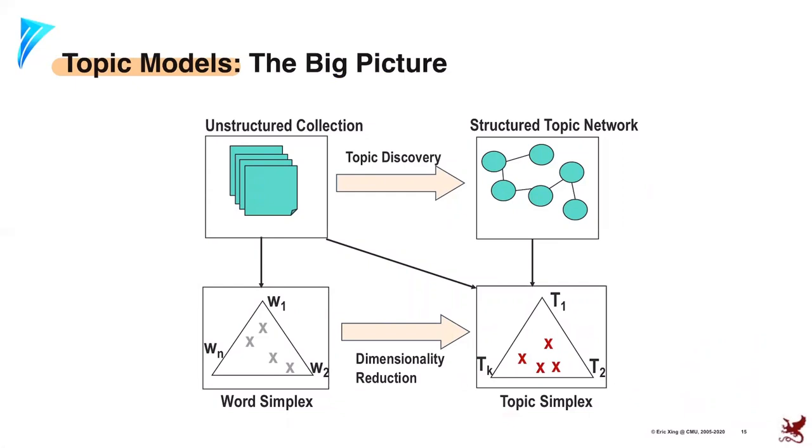And we should note that if we have an unstructured collection of documents, and we first embed it into this word simplex, then by conducting the dimensionality reduction, we can move from this word simplex to this topic simplex.